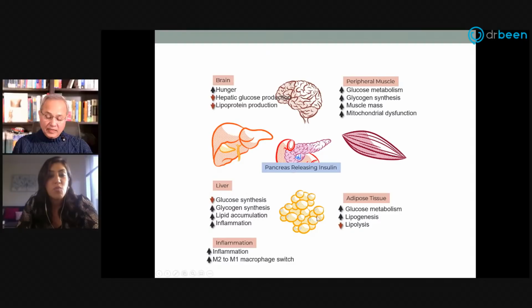So insulin will promote the conversion of most excess glucose into fatty acids. And then the fatty acids are packaged into triglycerides in VLDL, so very low density lipoproteins. And then that gets transported into the blood and then to adipose tissue, and then it gets deposited as fat. So that's one way that happens.